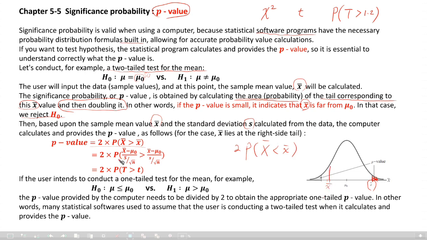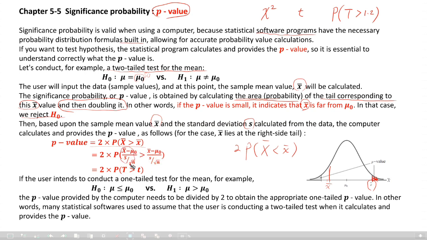Okay? So X bar can be standardized by X bar minus mu 0, because we test the hypothesis under the assumption H0 is correct, mu 0, divided by S over square root of n. Same procedure here: x bar minus mu 0, S over square root of n.